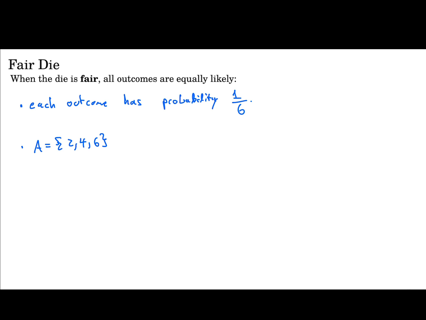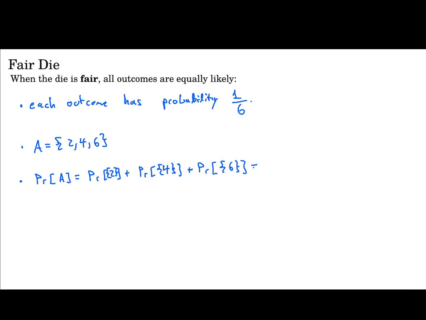To find this probability, we essentially add up the probabilities of each one. So when we write this out, the probability of A is just going to be the probability of the set {2}, plus the probability of the set {4}, plus the probability of the set {6}.